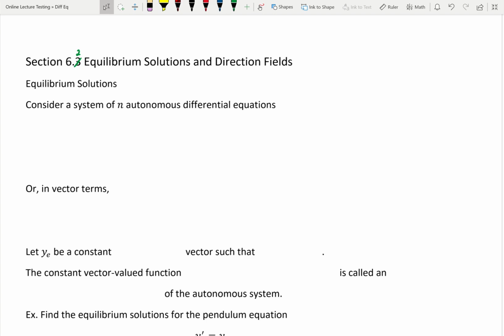We're going to talk about how an equilibrium solution could become stable, what it means to be unstable, and what it means to be asymptotically stable. That's what we're going to get into a little bit later.